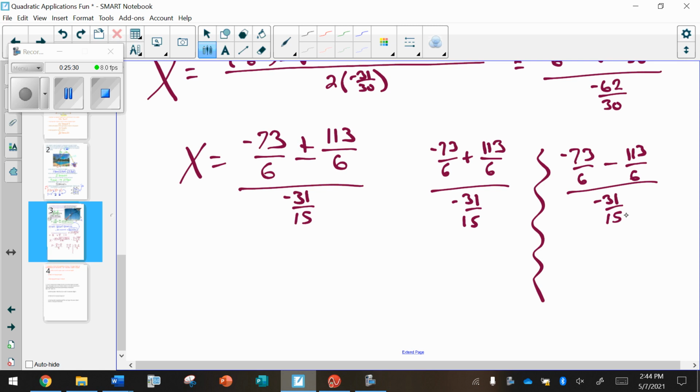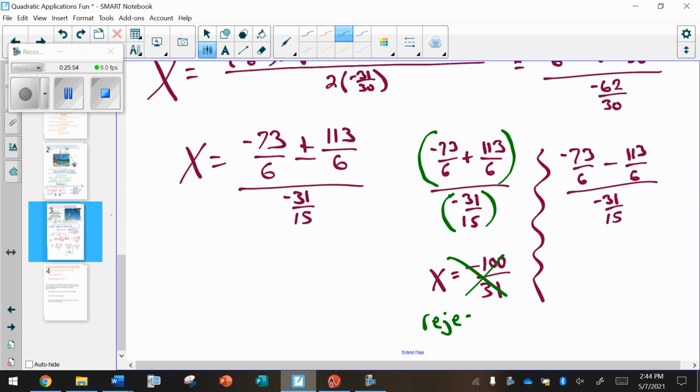Now this is why we get to use calculators all the time, because this is getting messy. When you try to type this in, you would have to have all of this in parentheses divided by all of that. And believe it or not, this one ends up a negative number, but we cannot have negative time.